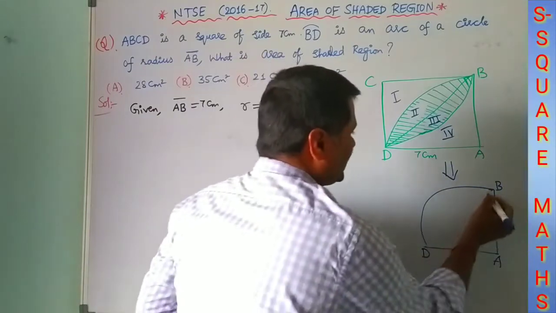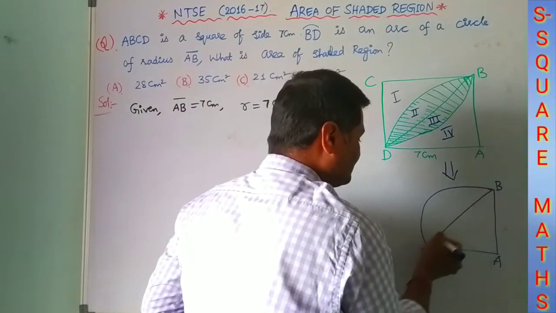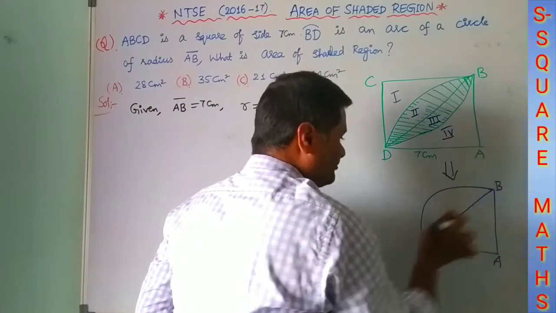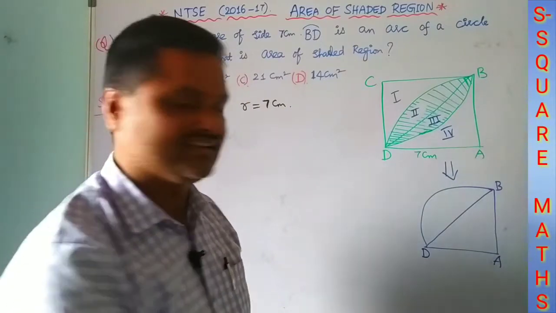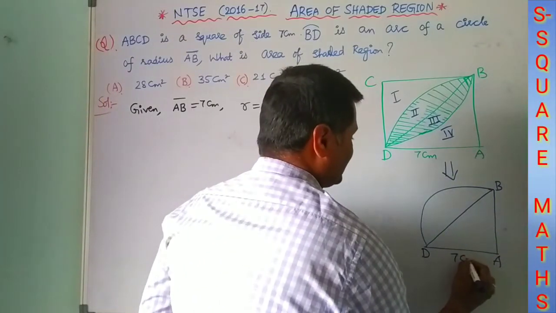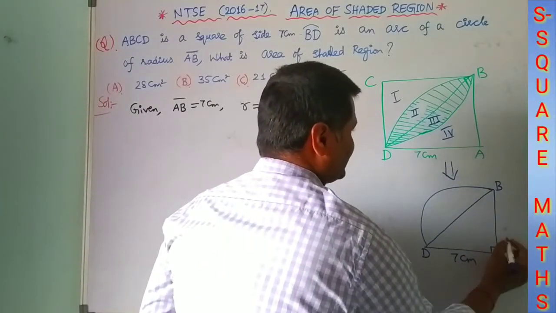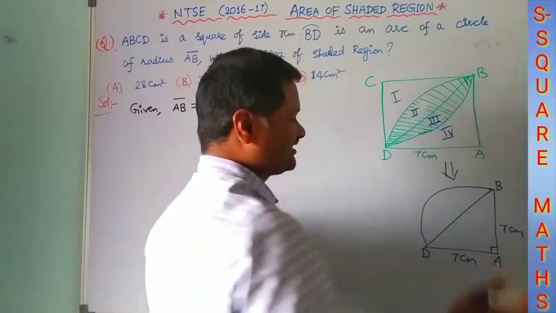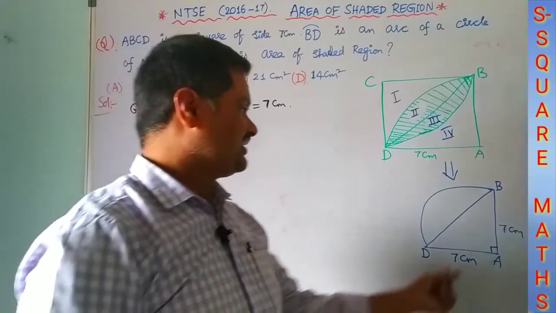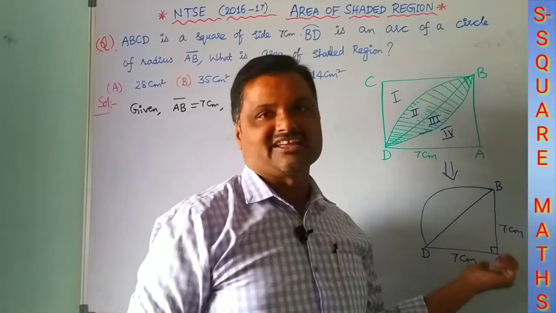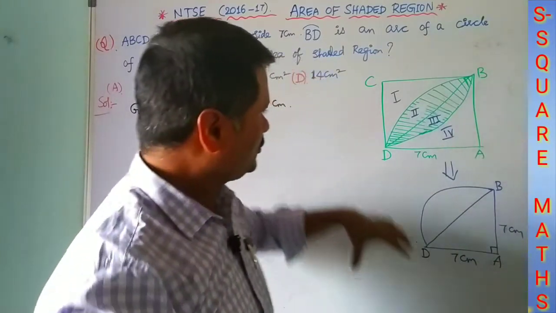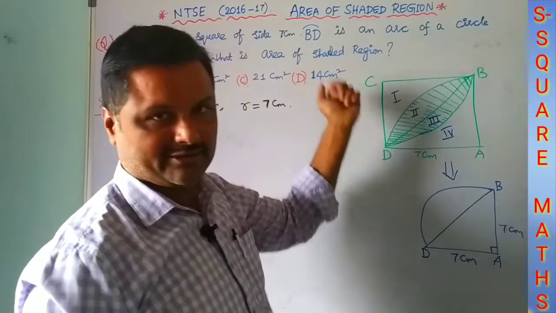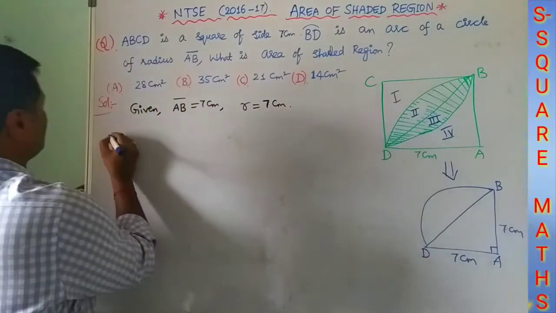Next, if I join BD, this ABD is a triangle. It has sides of 7 centimeters, and here it is 90 degrees. Here again it is 7 centimeters because all sides are equal since it is a square. So it is a right angle triangle, strictly a right angle isosceles triangle. So to get the area of the shaded region, I am going to explain here.